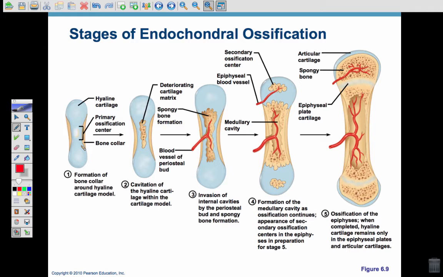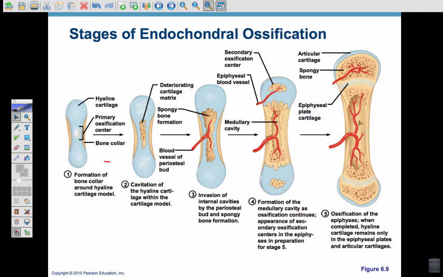It's hyaline cartilage, and the bone begins with the formation of essentially a collar around the outside of this cartilage. And within, you also have the development or creation of a primary ossification center. And where that ossification center occurs, you will then begin to see a deterioration of the cartilage.